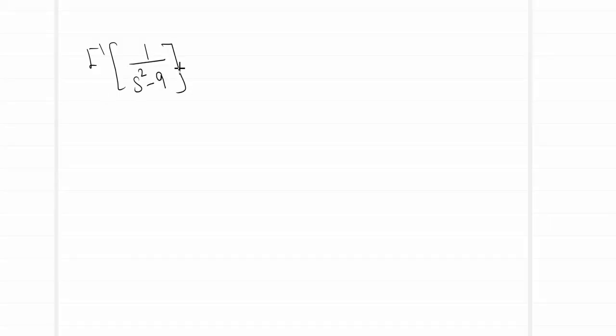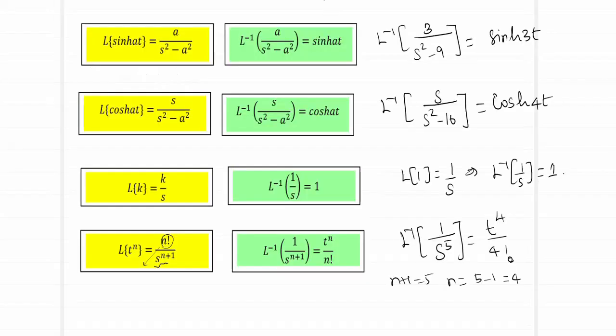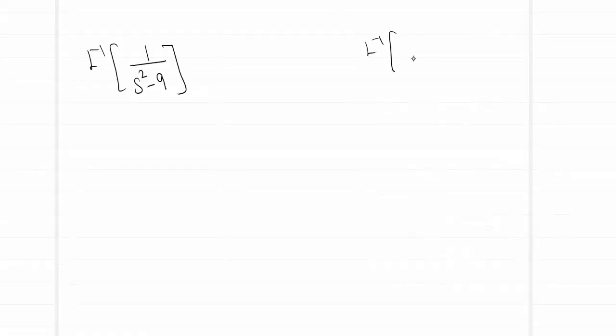Say the problem is like this. We know that Laplace inverse of a by s square minus a square is only sinh of at.